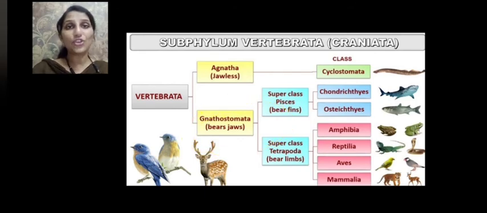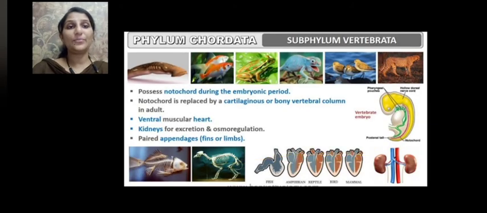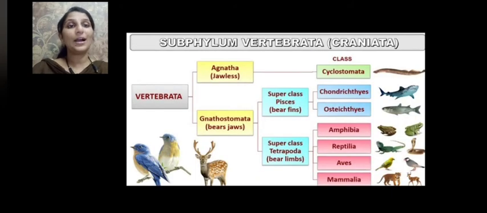Again, the jawed animals can be divided into superclasses. The two superclasses are Pisces and Tetrapoda. As we had just learned, in vertebrata they bear either fins or limbs which are paired. So under Gnathostomata, those organisms which bear fins come under the superclass called Pisces, and those animals which bear limbs come under the superclass Tetrapoda.